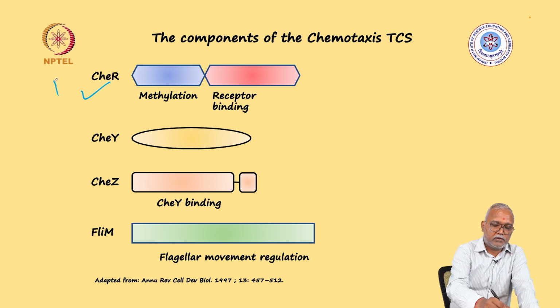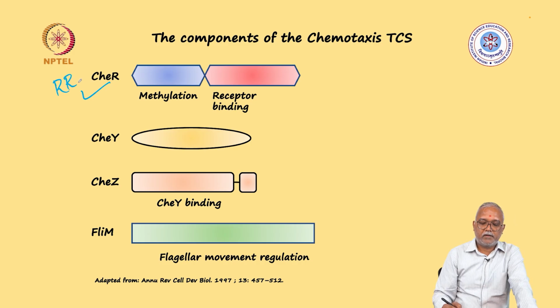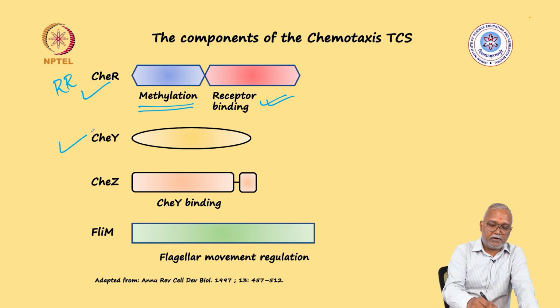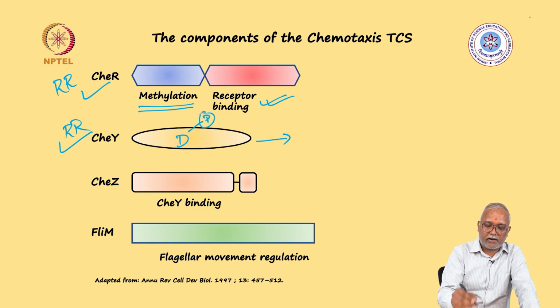This is also a response regulator which affects the methylation status, or it promotes the methylation, and then you have the receptor binding domain. Remember, this was directly binding to the receptor. Then you have a simpler response regulator, which does not have an additional domain, but has only the aspartate residue where phosphorylation can happen.